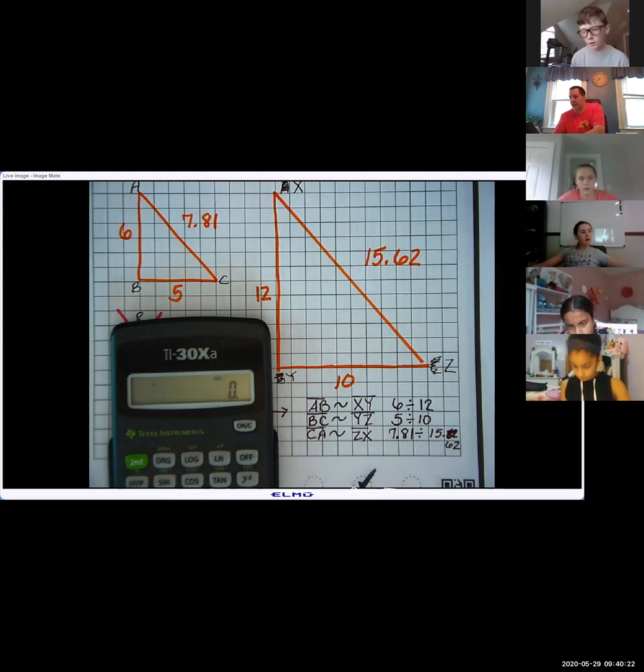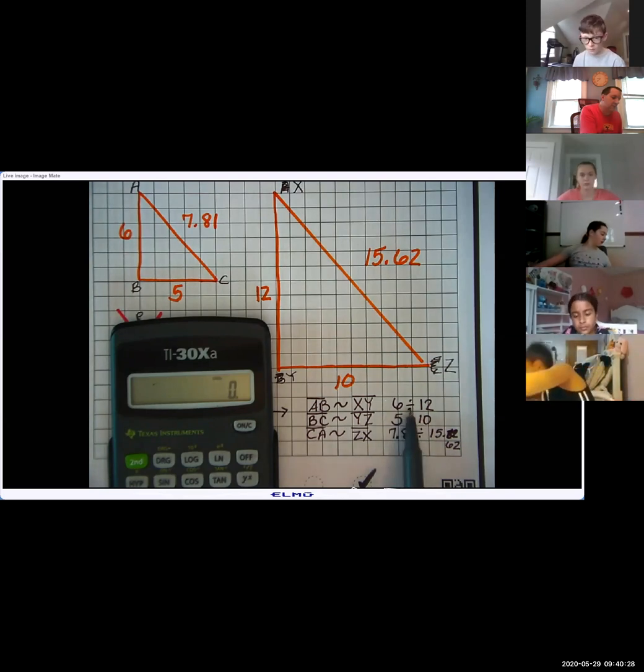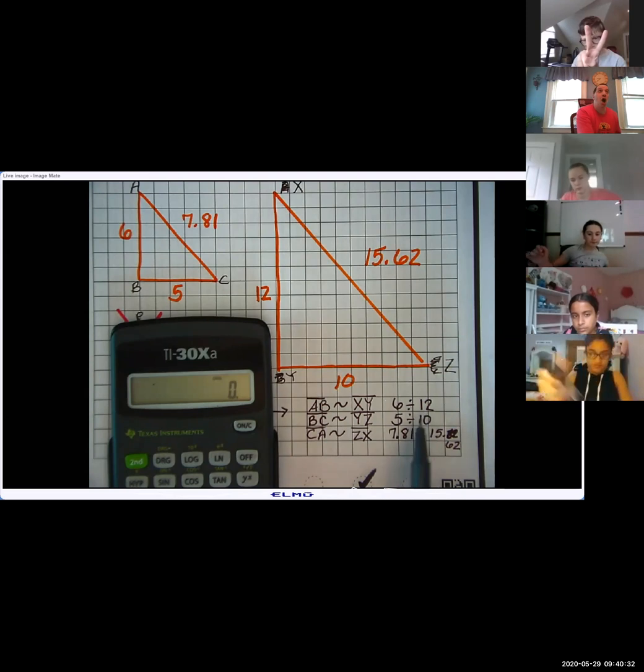Now it's time for Mr. Calculator. What is 6 divided by 12? Put up 6 fingers. Divide them by 12.